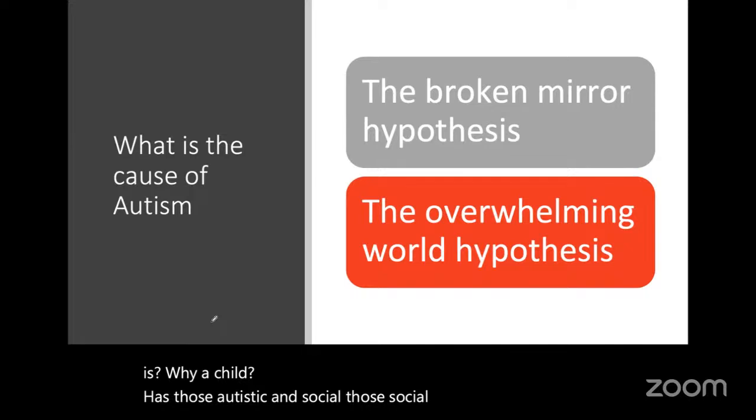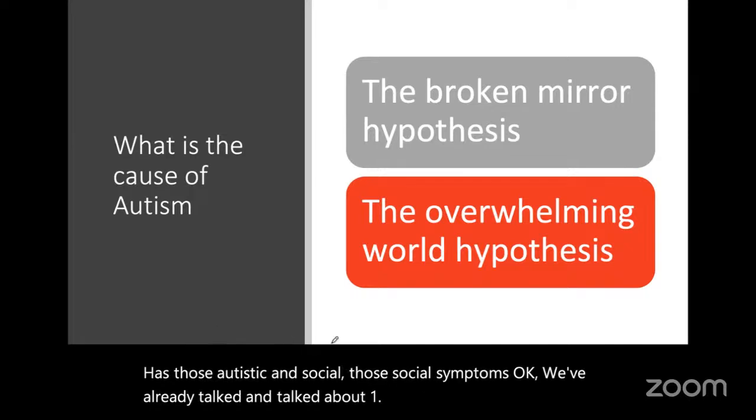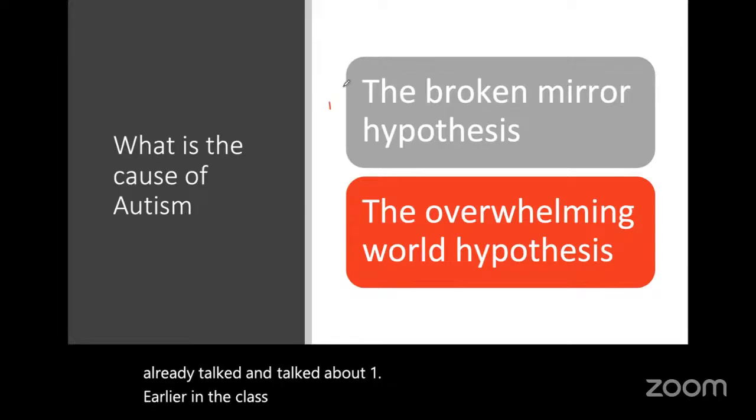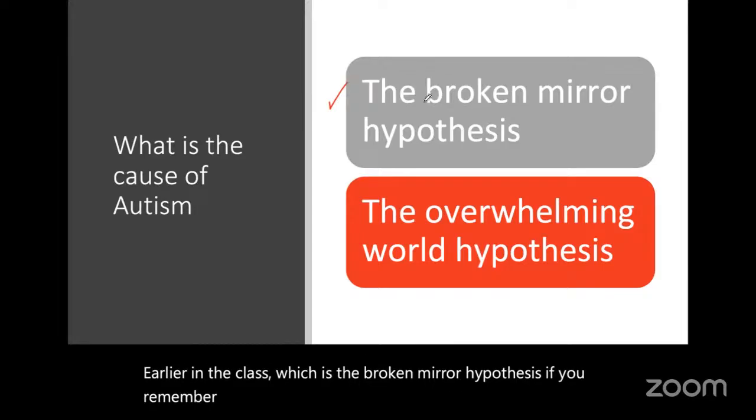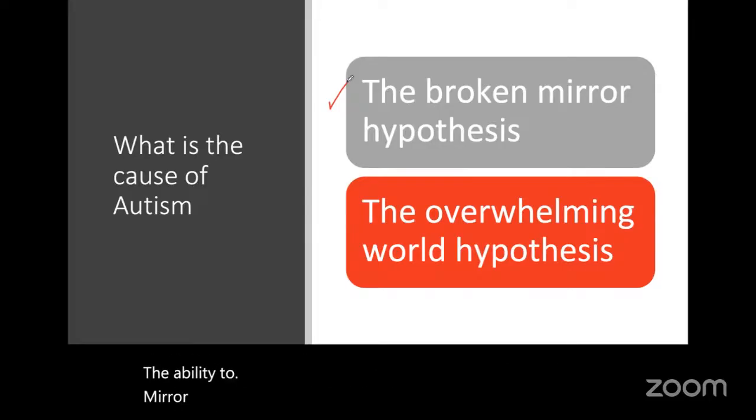Okay, we've already talked about one earlier in the class, which is the broken mirror hypothesis. If you remember, this has to do with theory of mind, the ability to mirror neurons with other individuals.